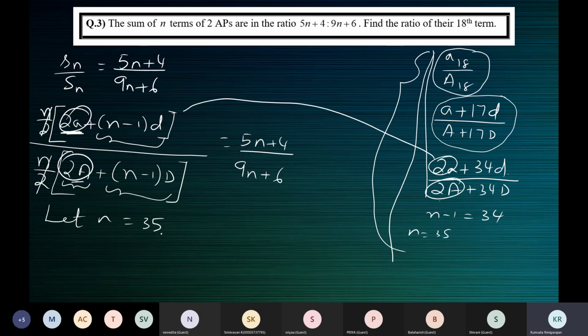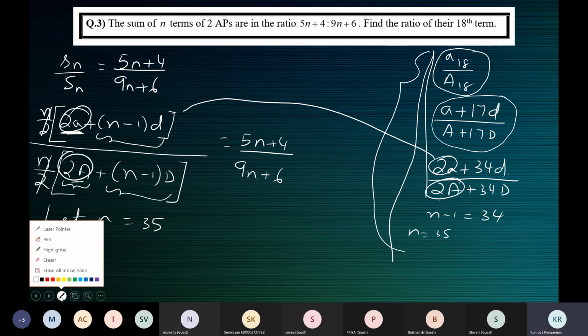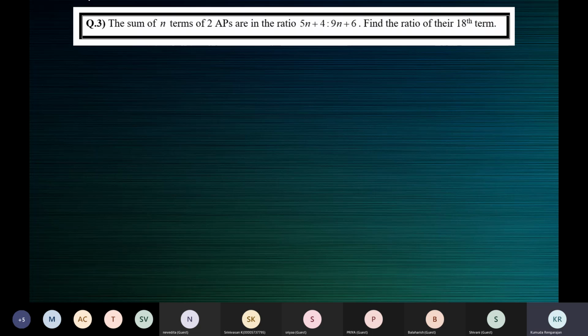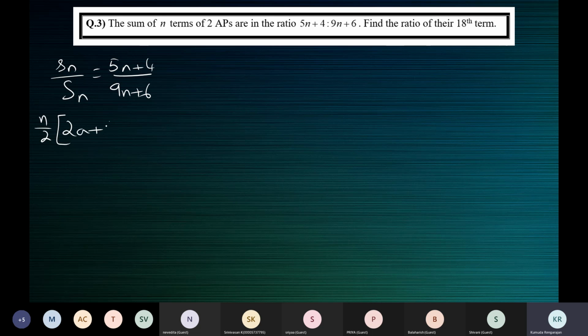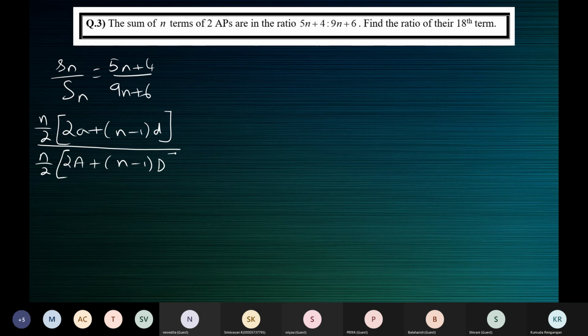Let me write it again for you. I'm going to write the whole thing again. Sn by Sn is equal to 5n plus 4 by 9n plus 6. n by 2 of 2a plus n minus 1 into d divided by n by 2 of 2a plus n minus 1 into d is equal to 5n plus 4 divided by 9n plus 6. n by 2 gets cancelled.